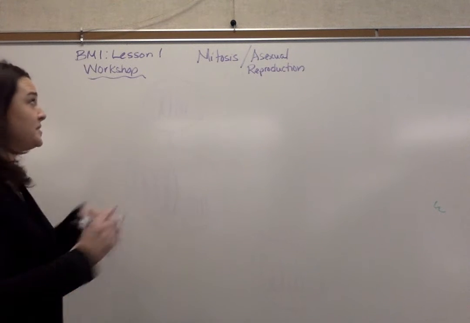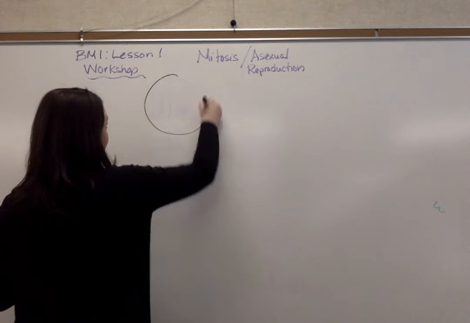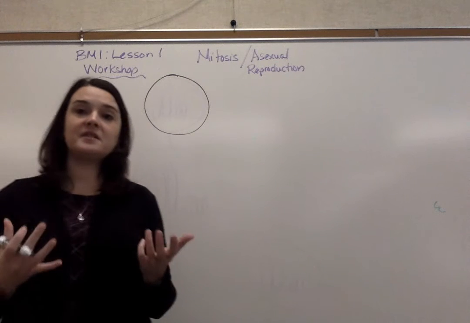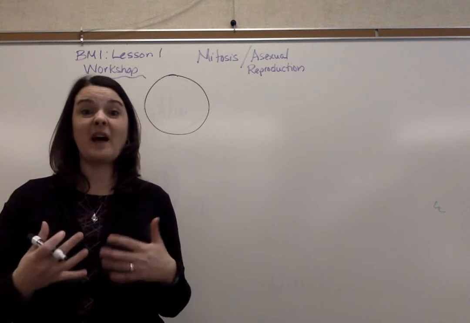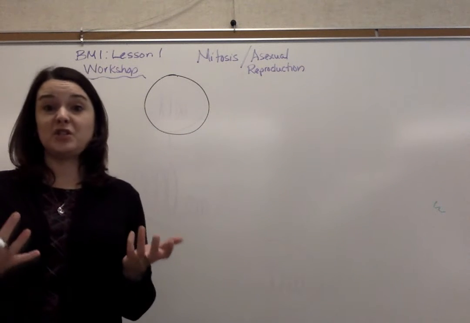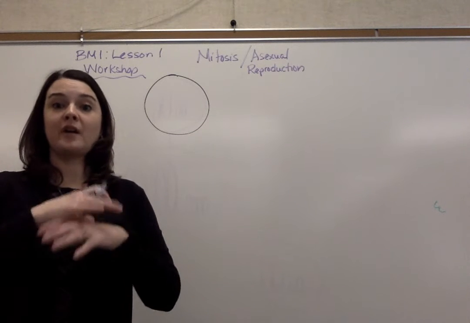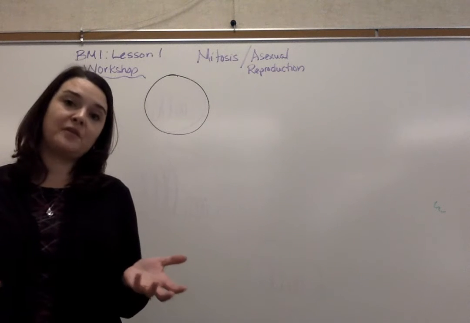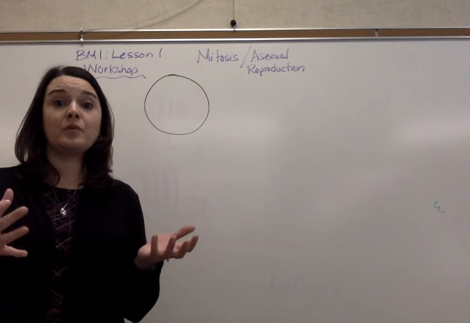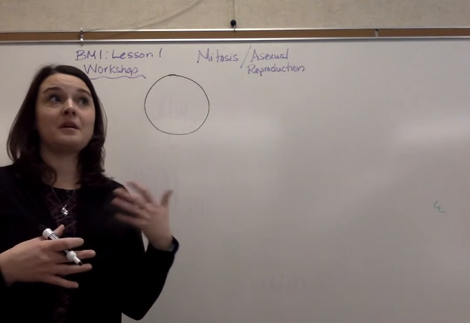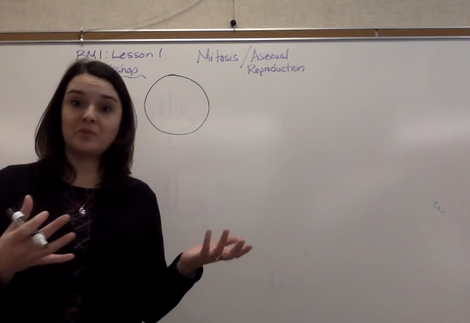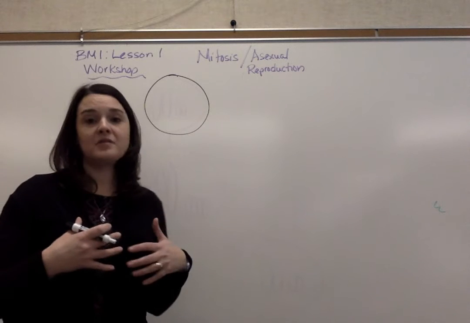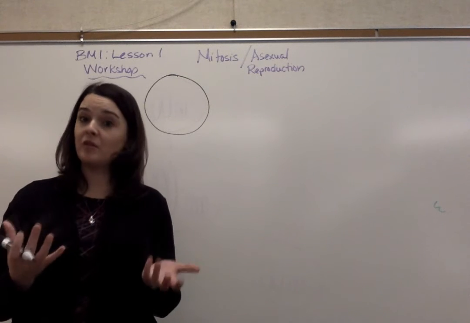So we're going to start with the cell. And because this division really deals with how the cell splits up its genetic material, instead of drawing all the organelles, we're just going to focus on how the reproduction splits up the genetic material, so the chromosomes. All of our cells have paired chromosomes.